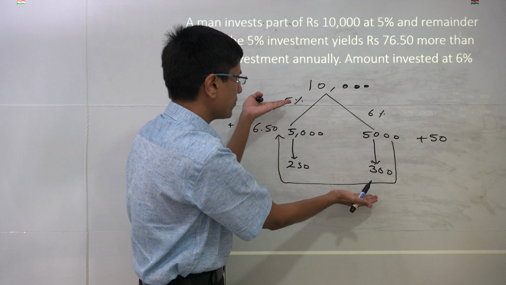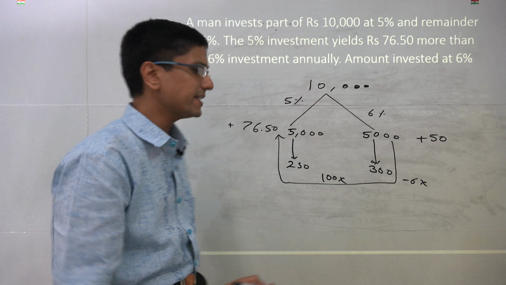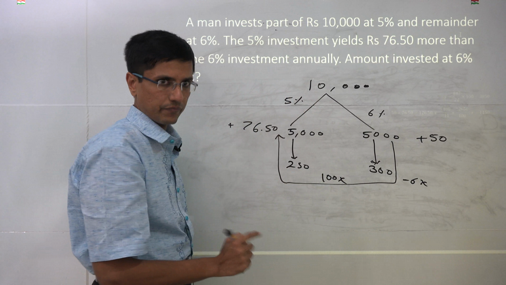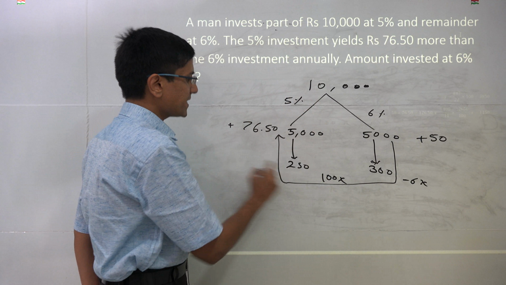So let's assume that we shifted 100x rupees from this side to this side. What would happen to the interest? We would lose 6% on this 100x, which means my interest here would decrease by 6x, and we would gain 5% interest on this 100x, which means on this side my interest would increase by 5x.